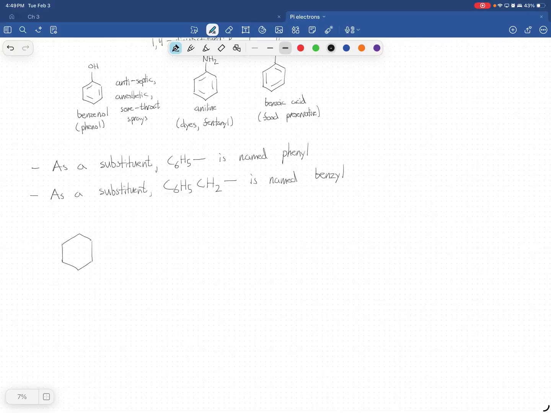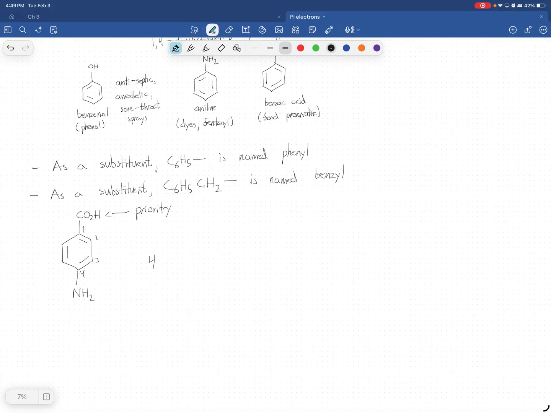So as practice for naming these things, all right, let's go over here. All right, this one. Which group do you think gets priority? The acid or the amine? Yeah, the acid. So more oxygens, higher oxidation state, acid. So this gets our priority. All right. So this is the one position, 2, 3, 4.